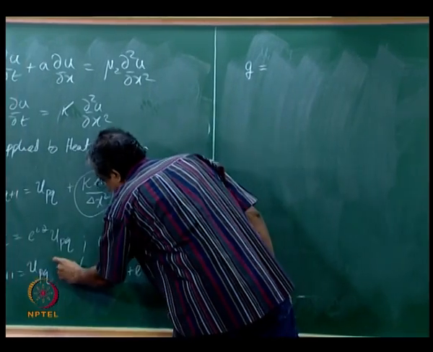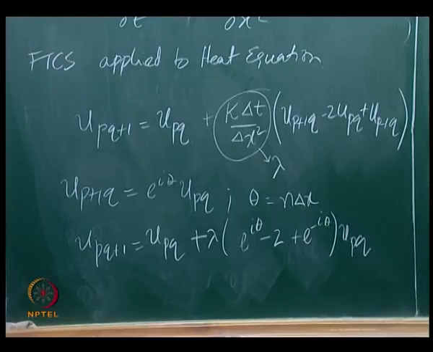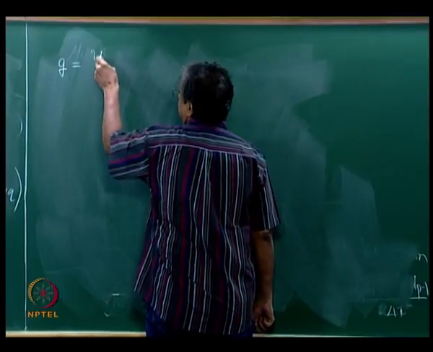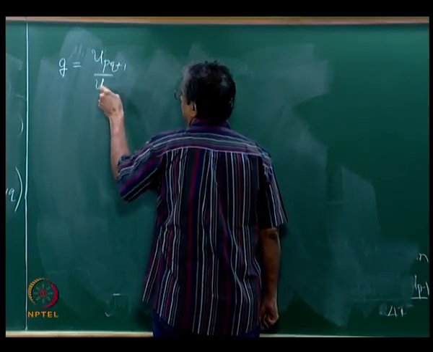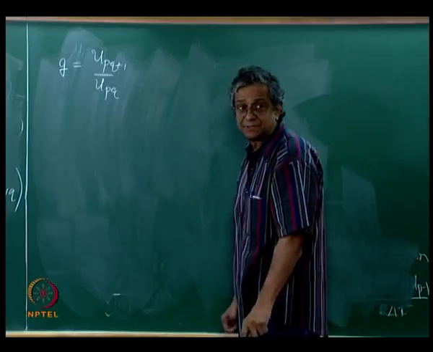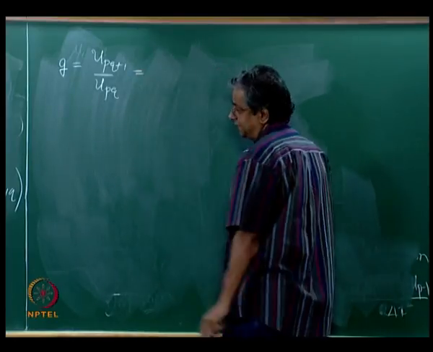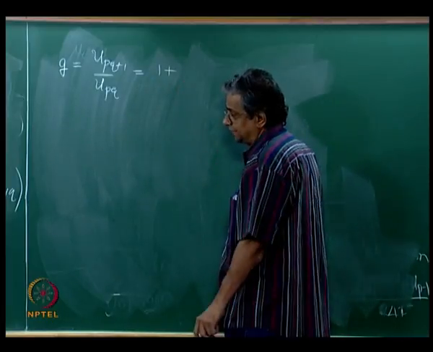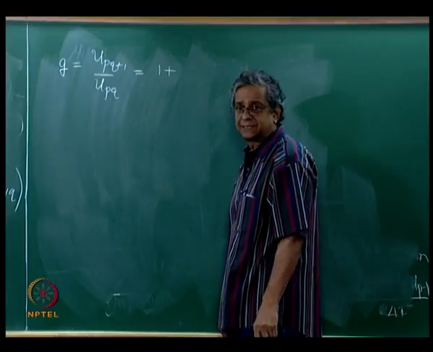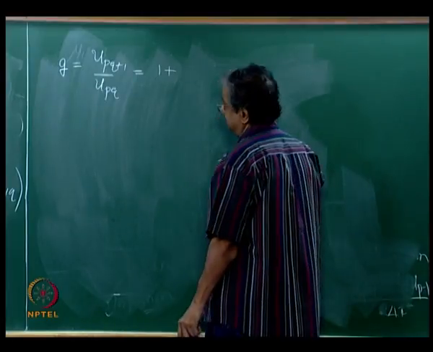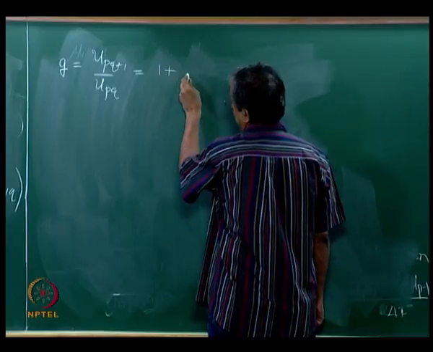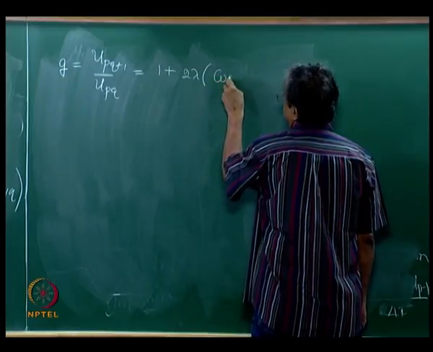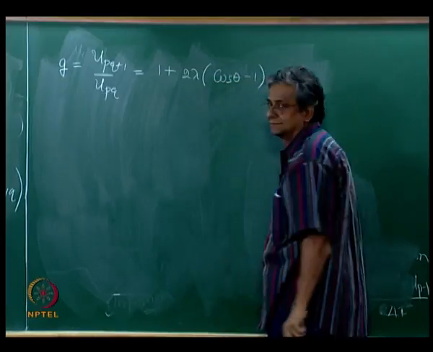Still stuck with wave equation, plus lambda. Therefore, G, which is U(p, q+1) divided by U(p, q), the amplification across one time step, is 1 plus lambda times e power I theta plus e power minus I theta, which is 2 cos theta, minus 2. So that gives me 1 plus 2 lambda into cosine theta minus 1.